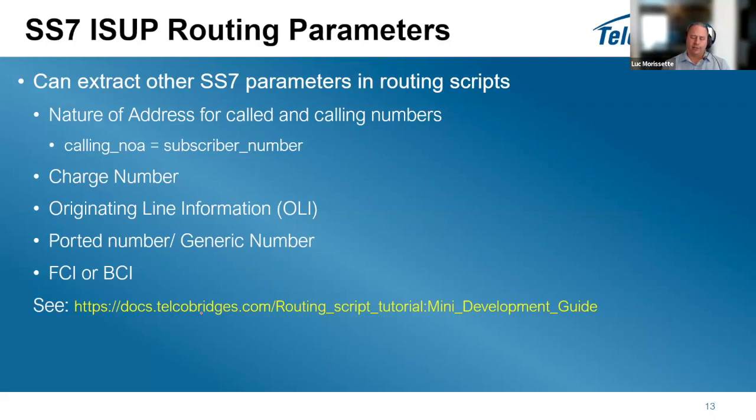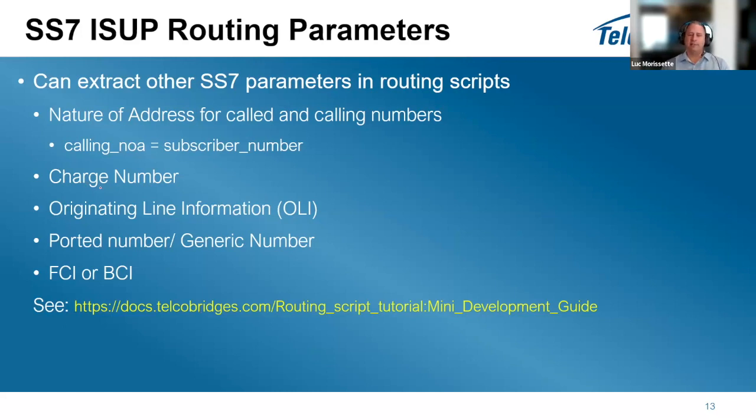When we get into the SS7 networks, of course we can work on the called and calling numbers, but there's much more information we can get from those SS7 parameters. For example, the nature of address for calling numbers is present in there, and it can be extracted and used in our routing scripts to manipulate the information or get more data.